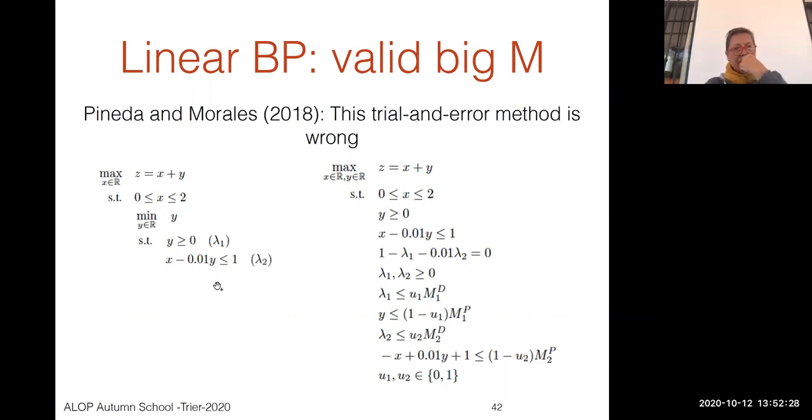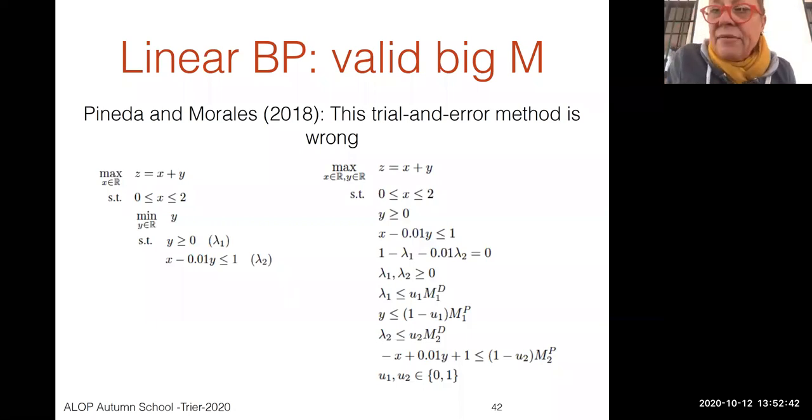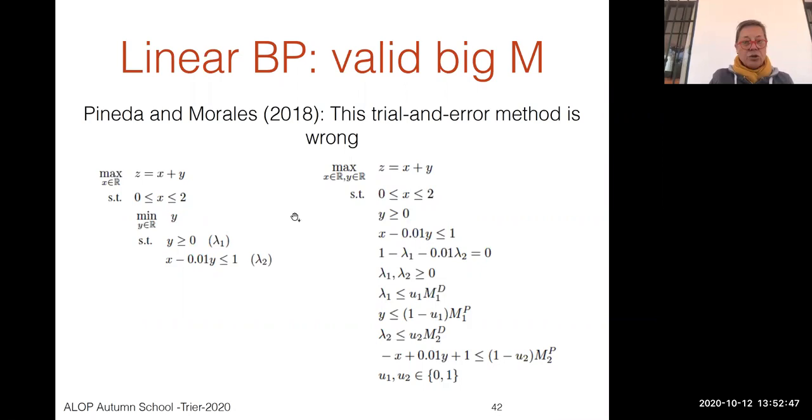There are no coupling constraints, by the way. Now here, you have 2 constraints in the second level, so 2 dual variables. And so you can rewrite the second level here on the right. You see I have here the constraints of the first level and the constraints of the second level. These are the constraints of the dual of the second level.